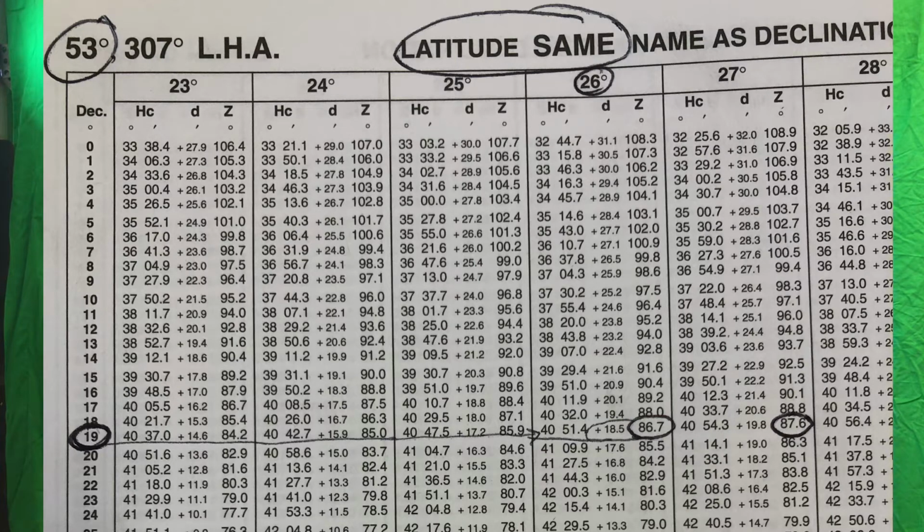We already found 26, so the respective is going to be the other number, the number that your main number is between. So go from 26 degrees and skim over to 27 degrees, and then go to your Z, and scroll down to declination 19, and that's your new base. And on the picture it shows 87.6.